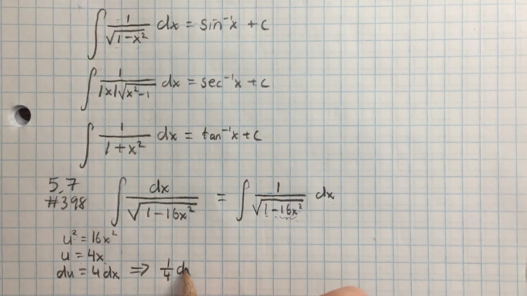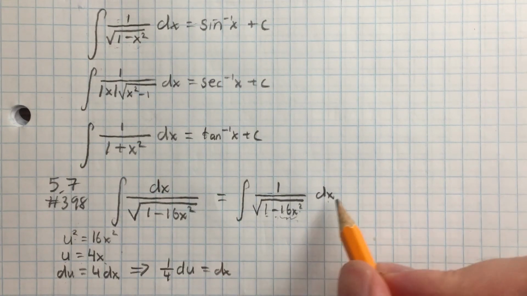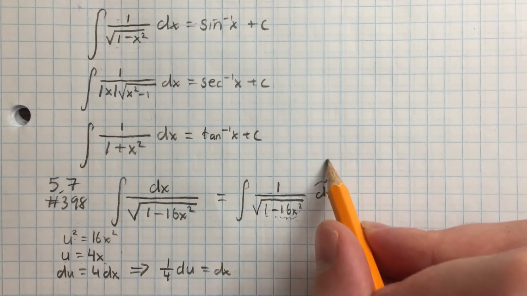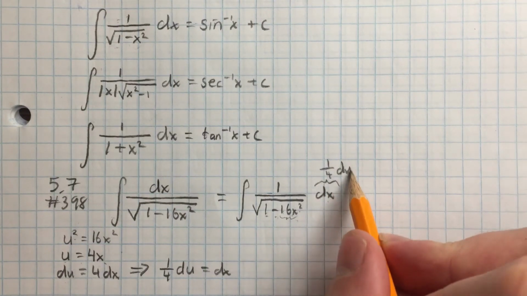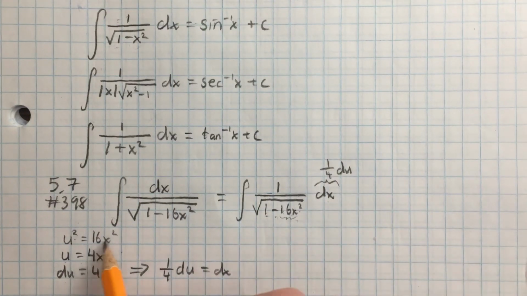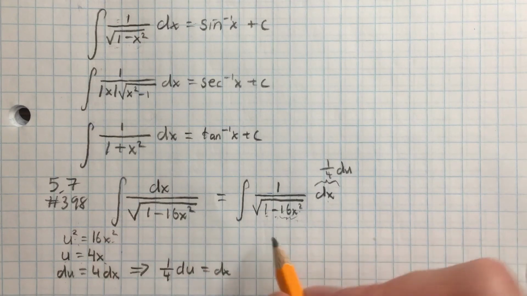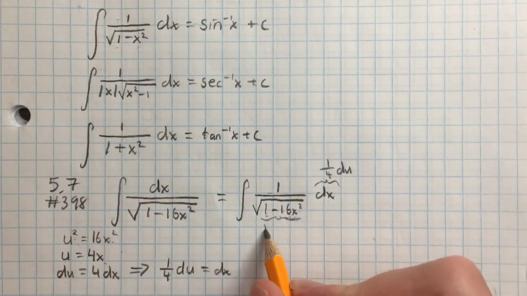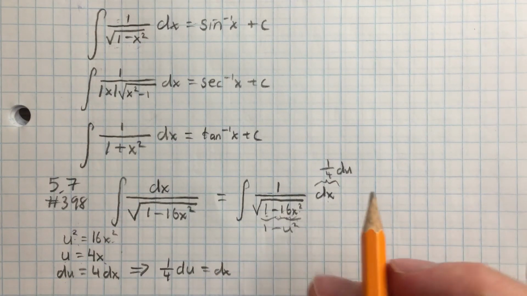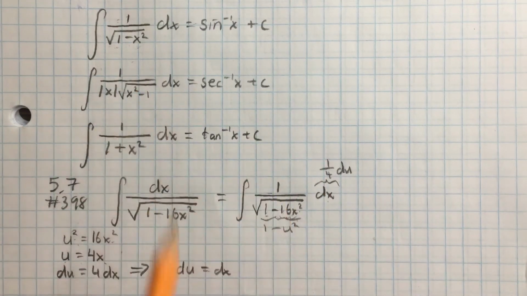Don't ever concern yourself about that. 1/4 du equals dx. So now dx here will be replaced with 1/4 du. And down here, 16x squared will be u squared. So therefore, I will have 1 minus u squared down here, and it will look remarkably like this expression in u. That's what we're going for. Trying to copy that structure.